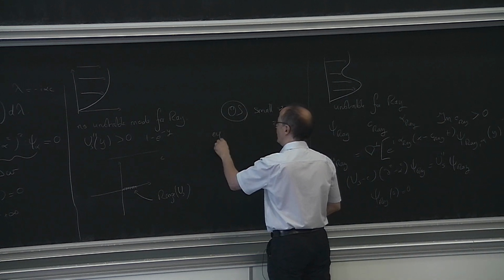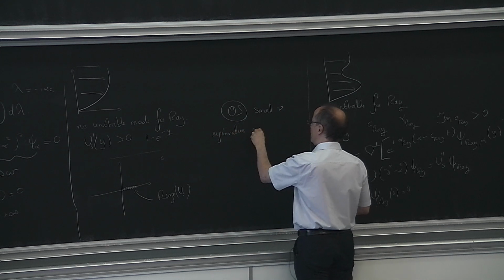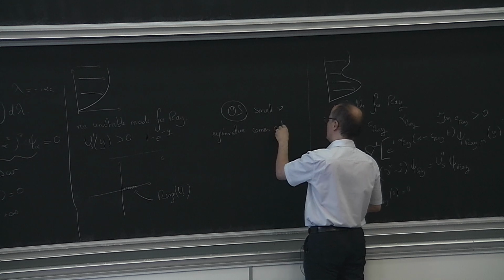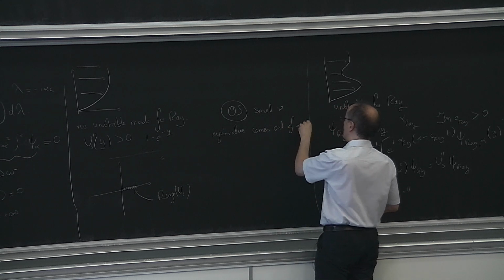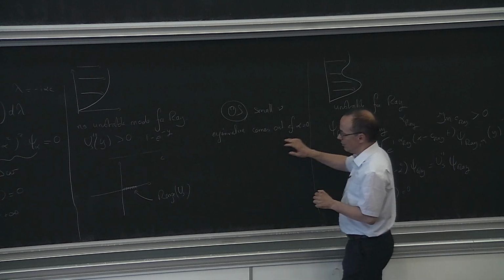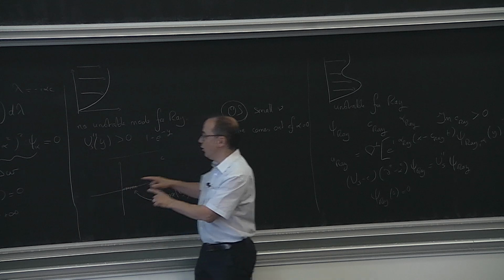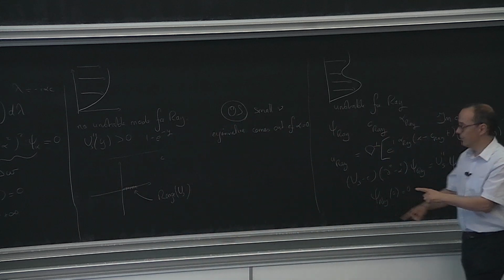So there is one eigenvalue plus its conjugate, so one eigenvalue which comes out of alpha equals 0. So for alpha very, very small, namely for very, very long periods, then you have an unstable mode which appears in Sommerfeld, which is not in Rayleigh.